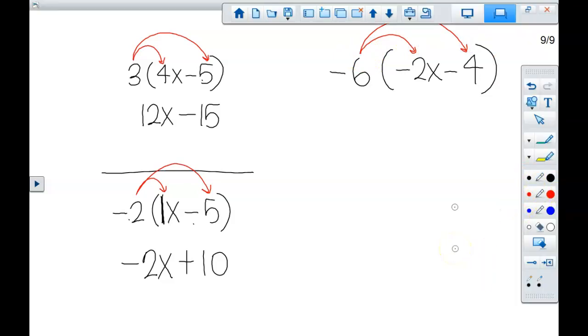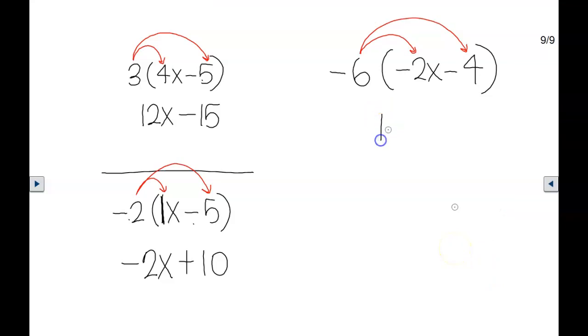So I do negative 6 times negative 2. That gives me a positive 12, and I reattach x. Negative 6 times negative 4 gives me a positive 24, so I put plus 24. So notice, if you do it this way, there's no work to show and there's only one step.